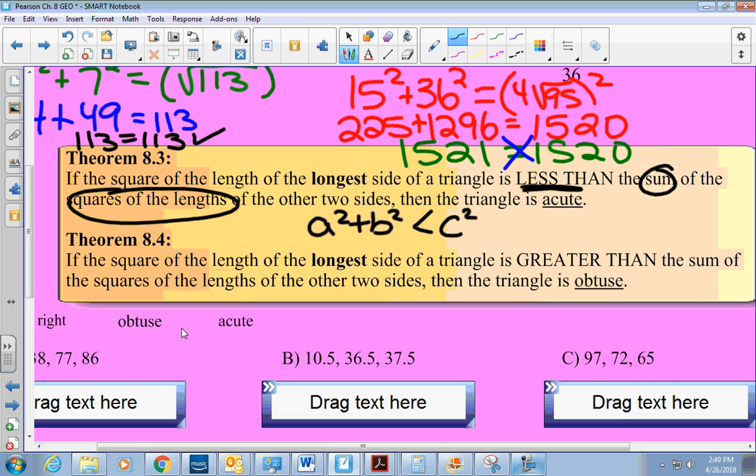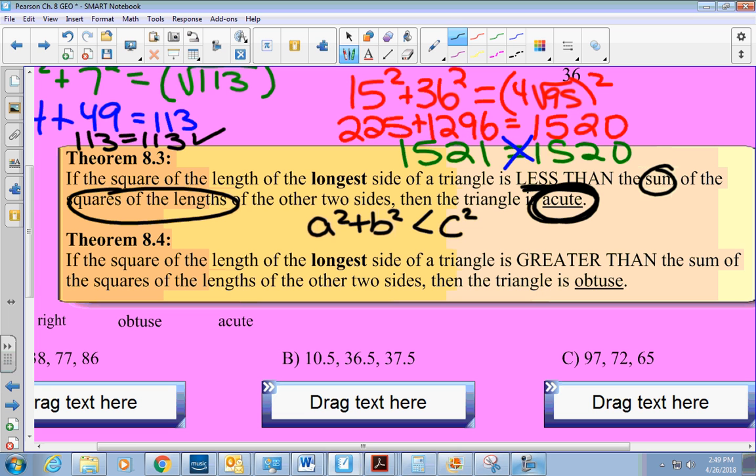Show me your big hypotenuse again without hitting anybody. Bring your hands closer together because a squared plus b squared is smaller. So that means you have an acute triangle.